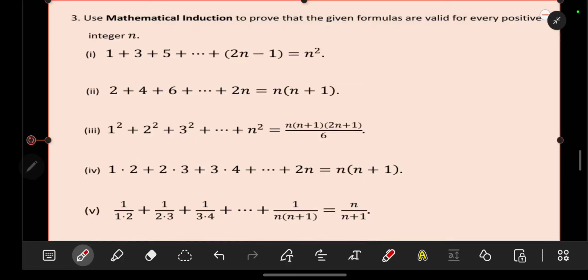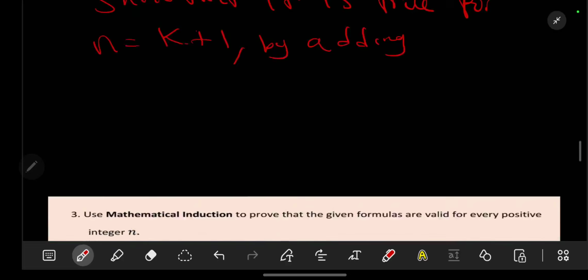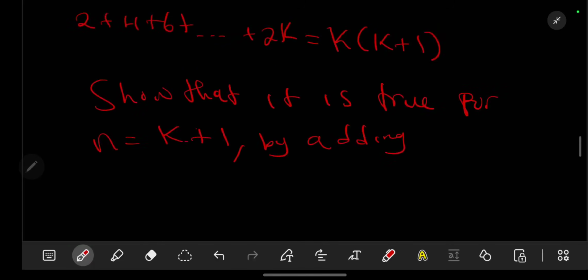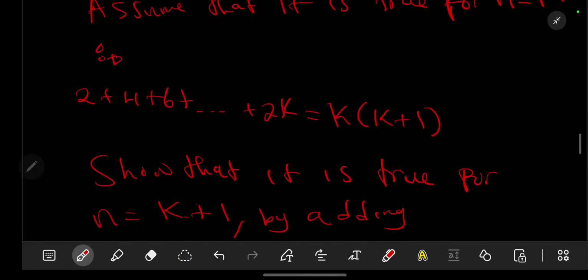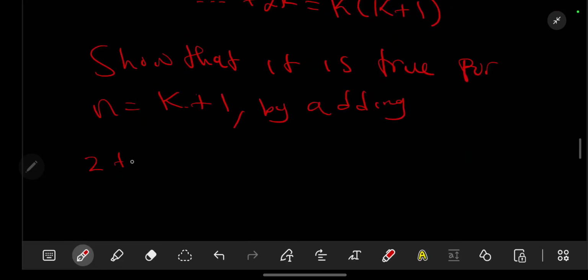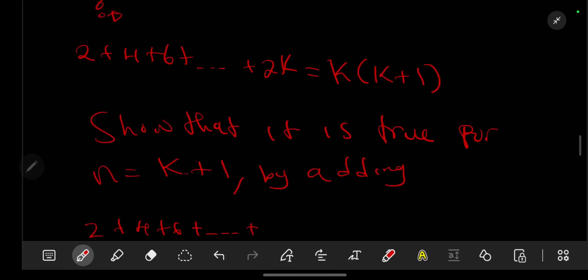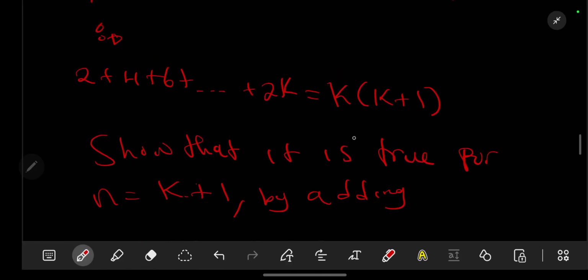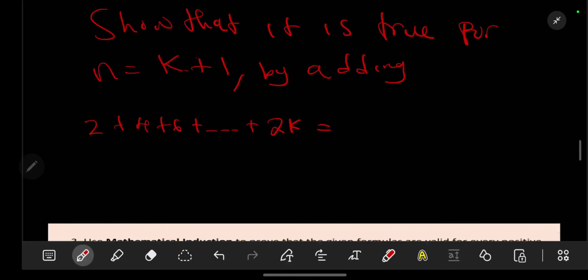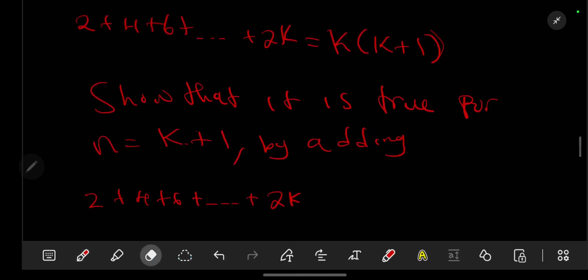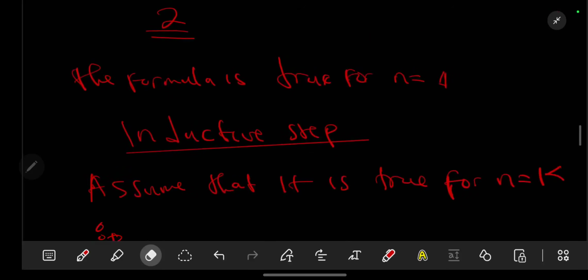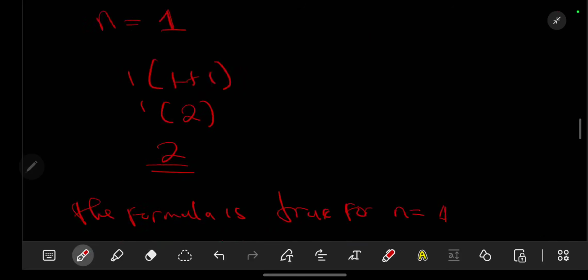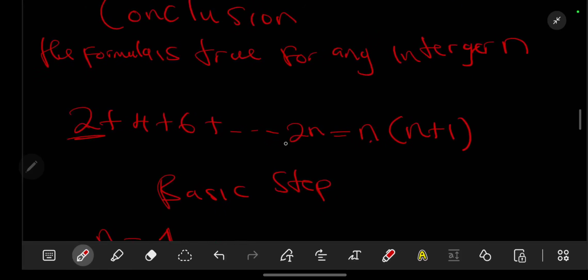So adding means we are going to have the same thing. So we are going to take this equation, 2 plus 4 plus 6 plus dots plus 2k, should be equal to, according to this, before the equal sign, we are going to add our k plus 2. But just be careful, you are adding it to this part of the equation. So it's 2n.